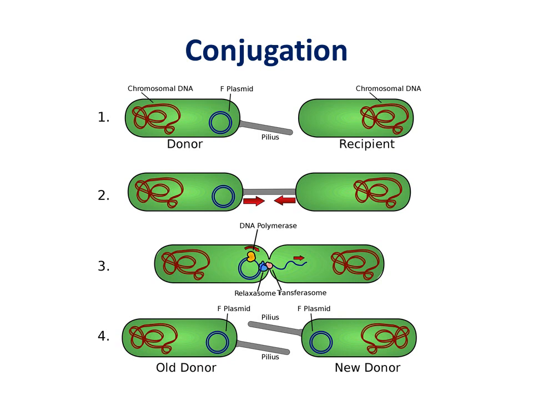Conjugation, as I mentioned, is direct contact between two bacteria, one acting as the donor and the other as the recipient. So the donor has something called a pilus, and the pilus acts as a bridge between the two bacteria. It is a means by which the other bacteria is pulled towards the donor bacteria.